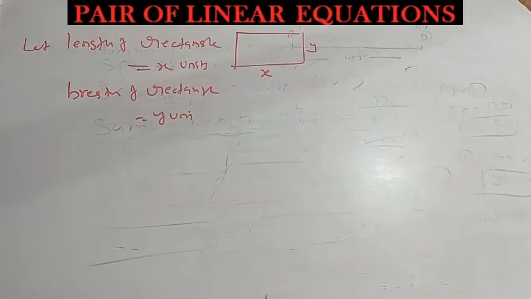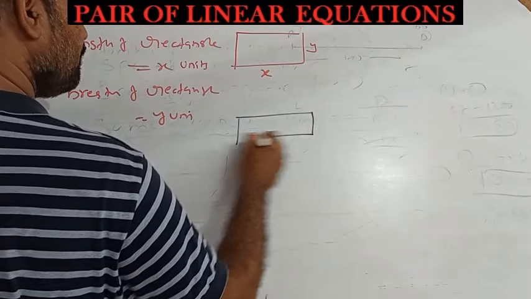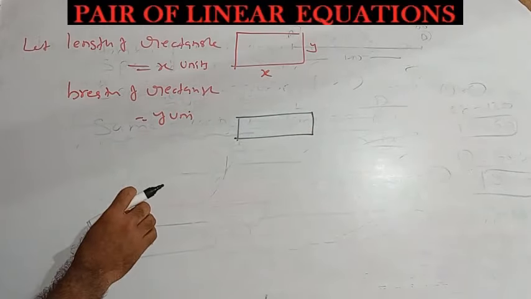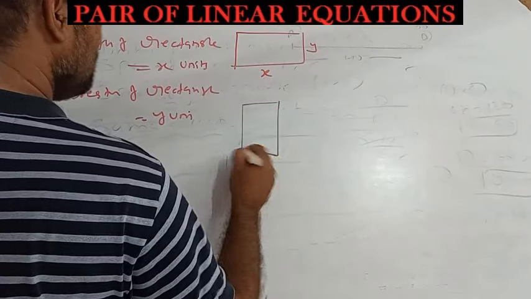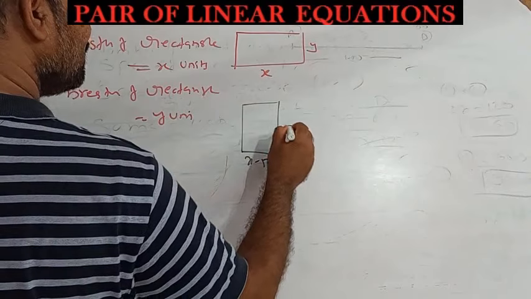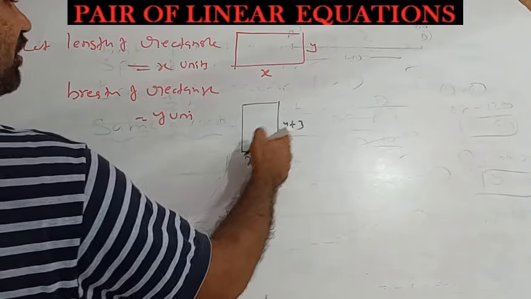Now observe, what happened? The area of the rectangle is reduced by 9. Actual area is x into y. Reduced by 9 means xy minus 9, when length is reduced by 5 units and breadth is increased by 3 units. Length reduced by 5 means x minus 5. Breadth increased by 3, so the new area is (x minus 5) into (y plus 3).